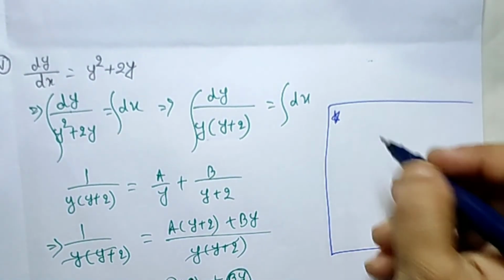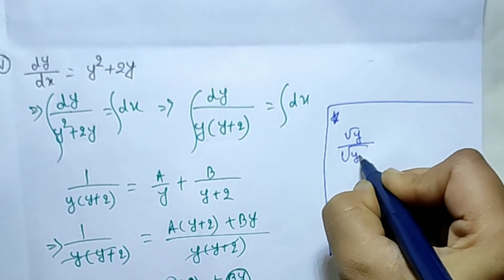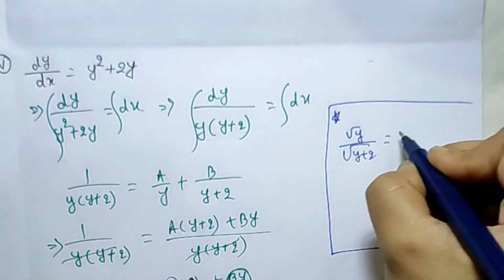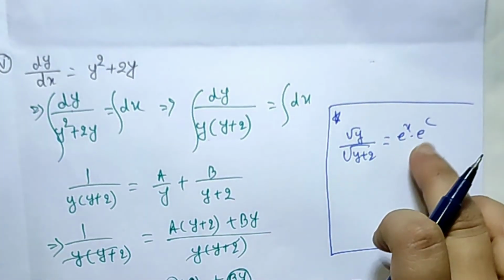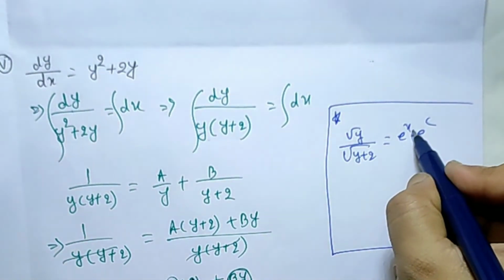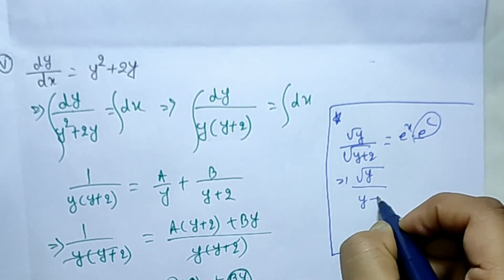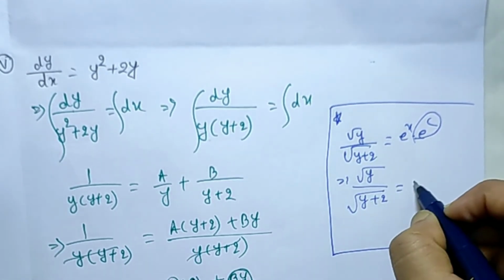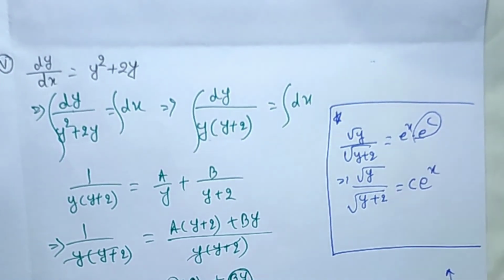This is root y by root y plus 2 is equal to e power x into e power c. This is e power x plus c, means e power x into e power c. That means e power c is also a constant, which implies root y by root y plus 2 is equal to c into e power x, because this is a constant. This can be your answer.